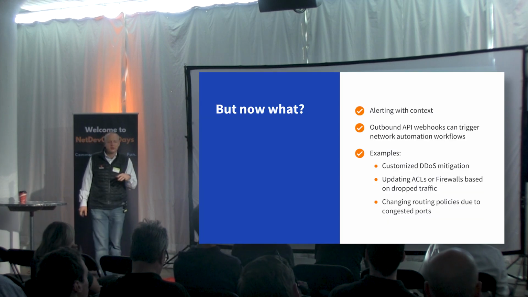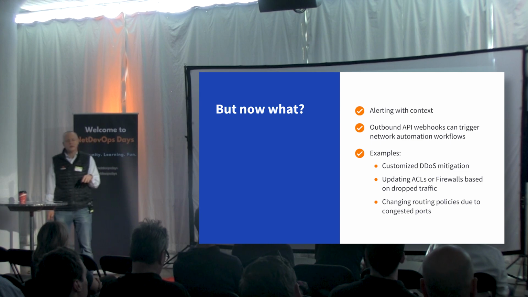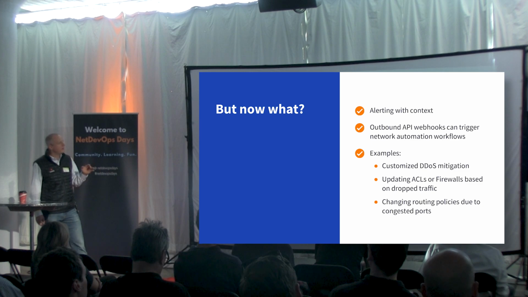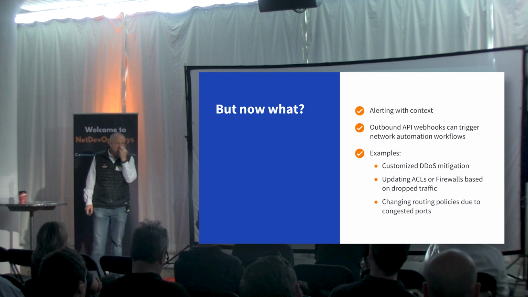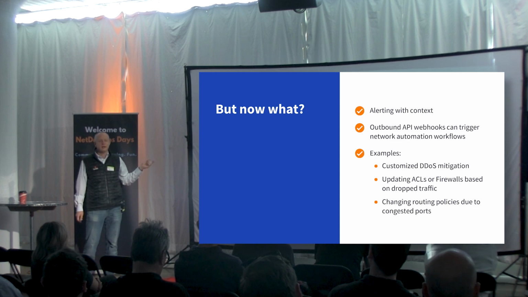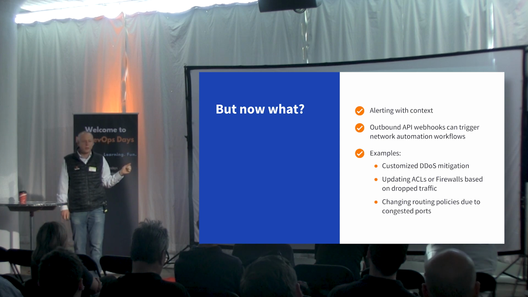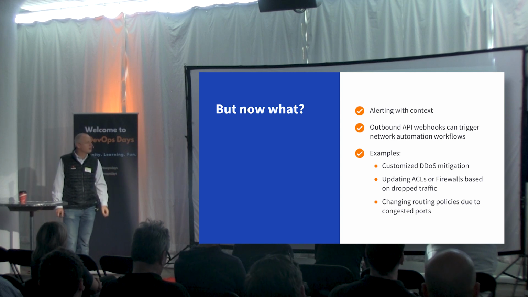All right, so that's really interesting, but then what's the next step? So alerting with context. I alluded to this a little bit earlier, but now that I have this context, instead of just firing off an alert when I have a big increase in traffic to a particular IP address, I can now alert based on when I see a big spike in traffic going to a particular department or for a particular service, or traffic coming from a particular geo.